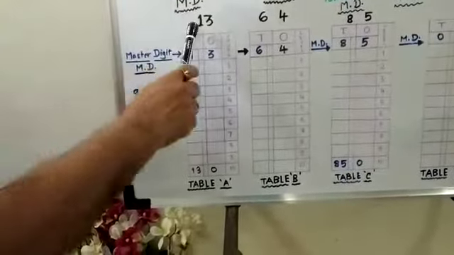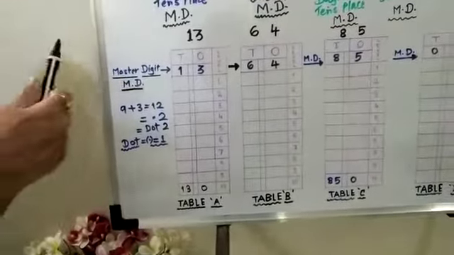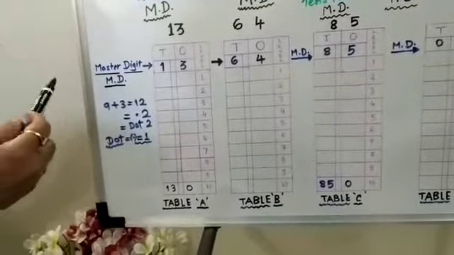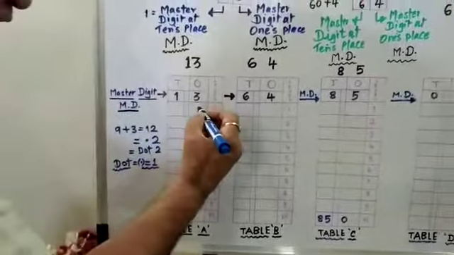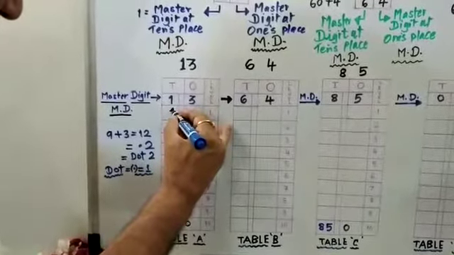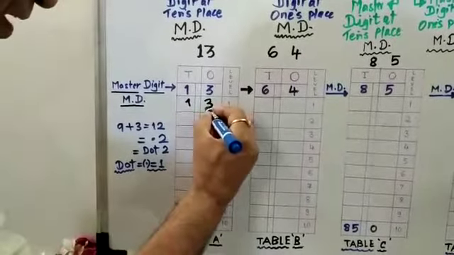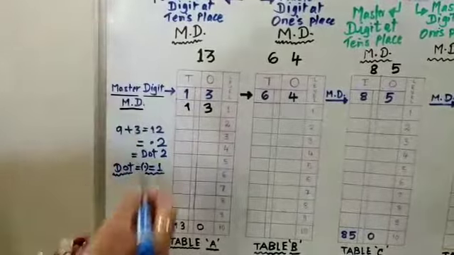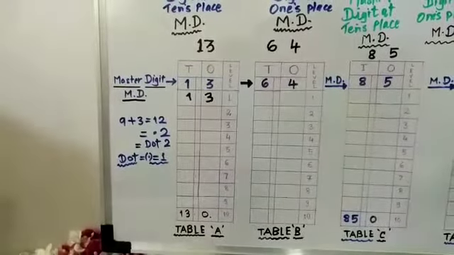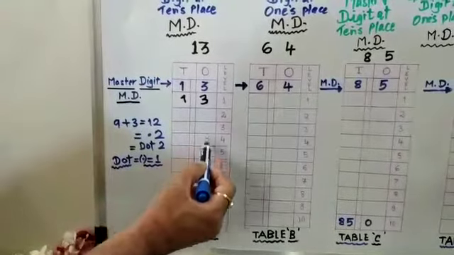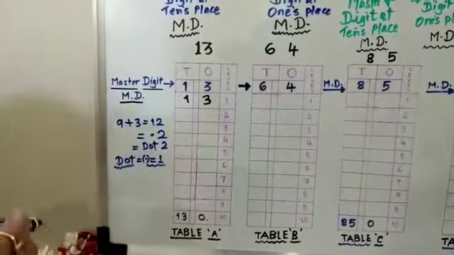In this table of 13, we already know two numbers. 13 ones are 13, so we'll write 13 here. And 13 tens are 130. These two numbers we already know. Right now our job is to get the other numbers without memorization.